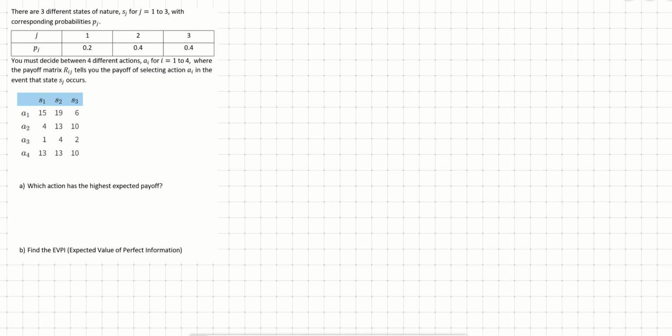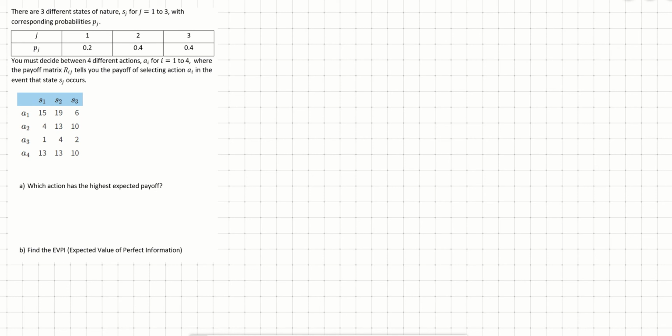And then given these different probabilities of states happening, you have to choose between four different actions. These are A1, A2, A3, and A4. Now each action has a different payoff depending on which state you're in, and that's given by the matrix down below.